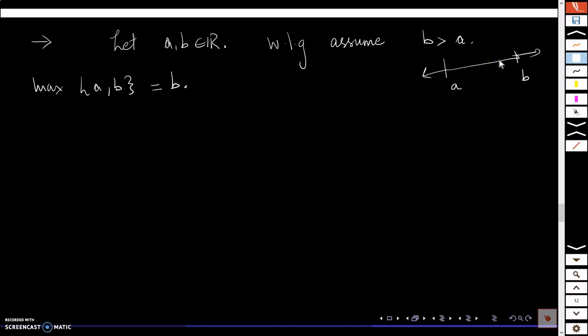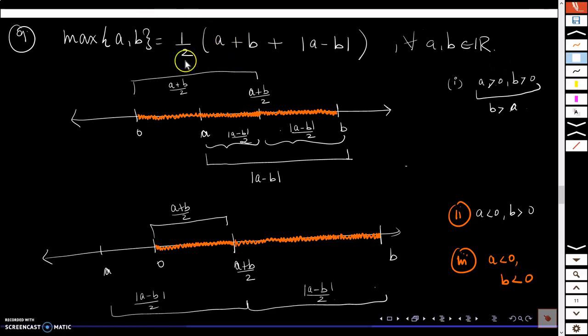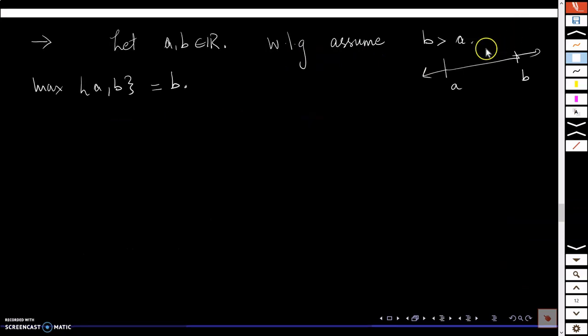Now on the other side, I have half of A plus B plus modulus of A minus B. Now because B is greater than A, what will be absolute value of A minus B? Since B is greater than A, A minus B will be negative, right?